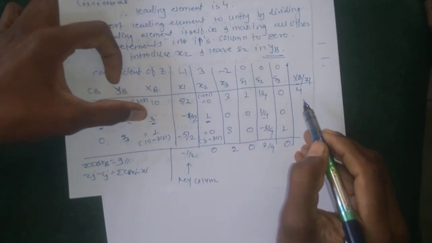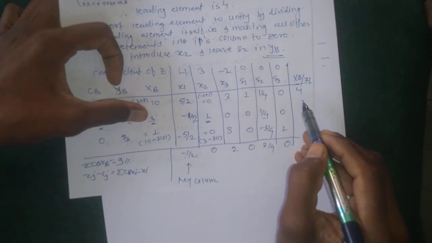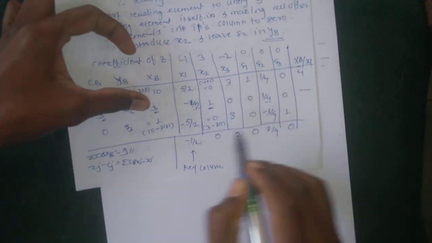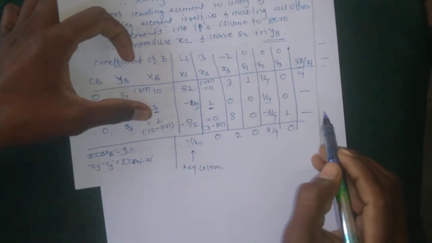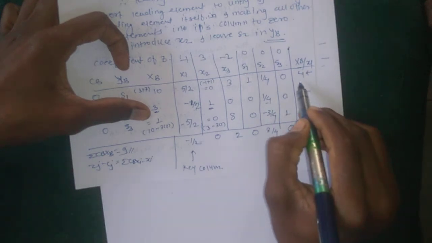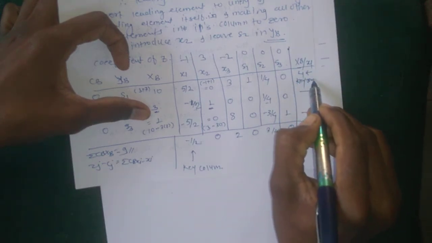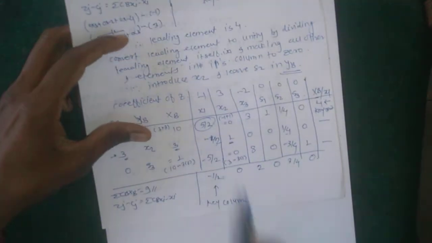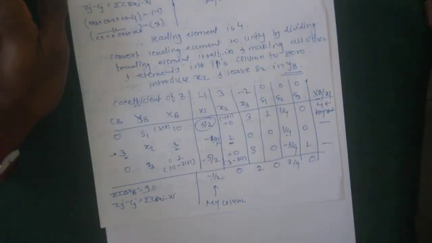Then 3 divided by minus 1 by 2 is a negative ratio, so we neglect this. And lastly, this is also a negative ratio, so only the first row is our key row. This is the key row and this is the key column. Therefore 5 by 2 is our leading element.